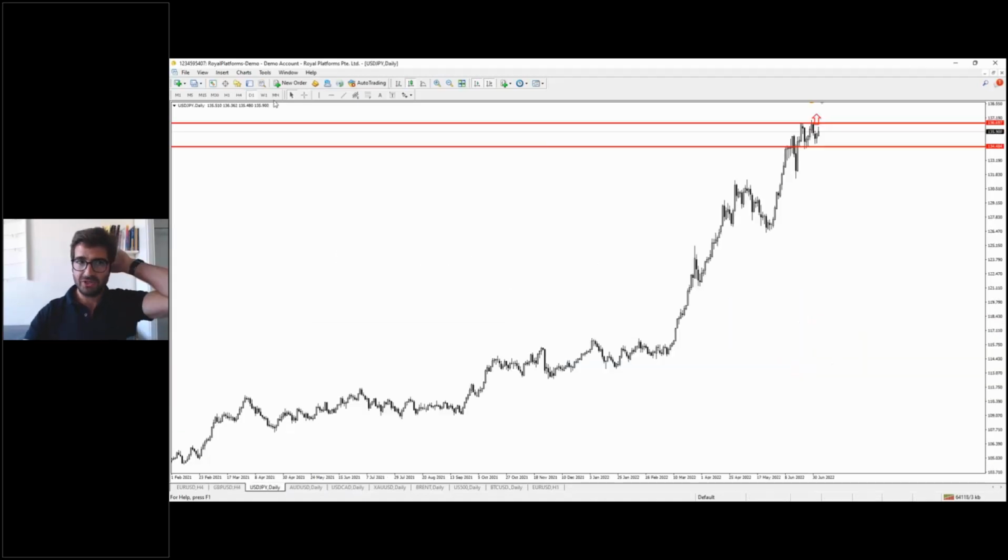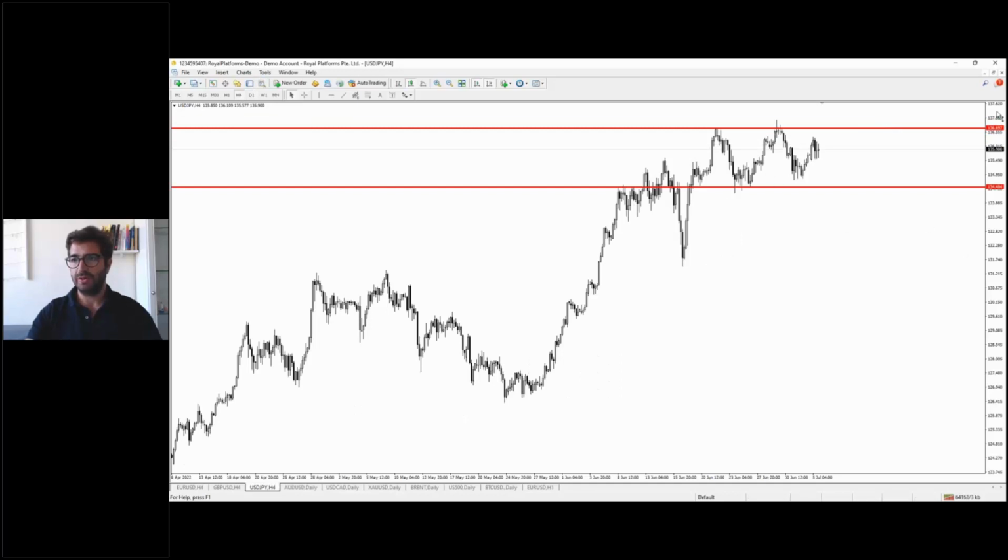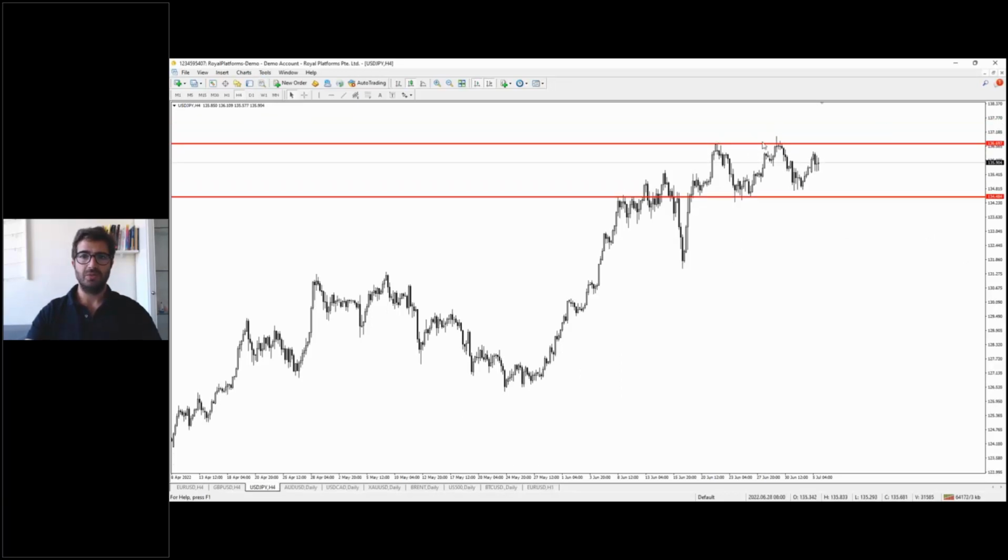USD JPY, we had this upward movement, and then the market entered into this channel, and this channel is more clear on the lower time frame. So we have a parallel channel made of 134 as a support and 136 as a resistance.